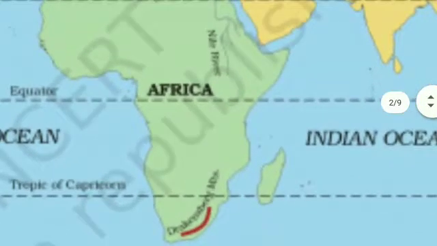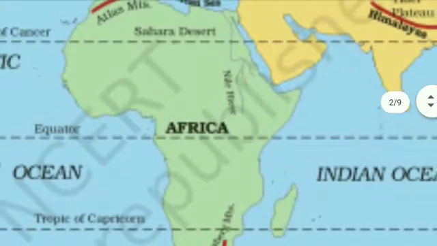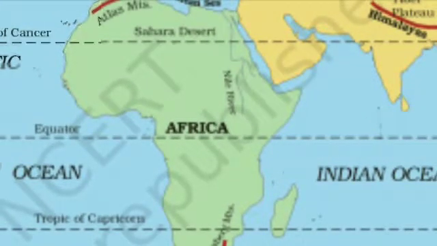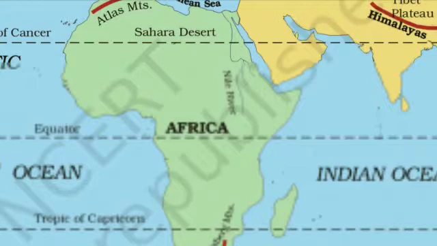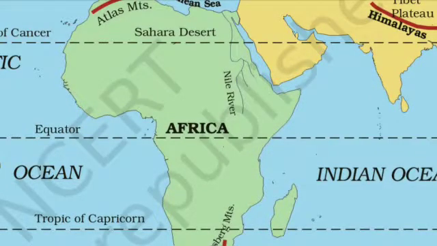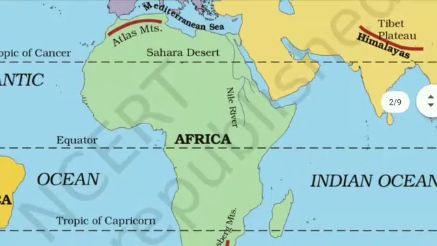Africa. Africa is the second largest continent. The major portion of Africa lies in the northern hemisphere. This is the only continent through which three major longitudes pass.